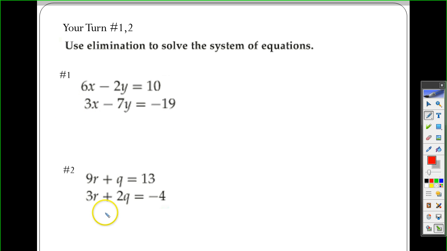Number 2, it would be easy to make the q's look alike by multiplying by 2 on the top equation. So multiply 2, multiply 2, and multiply 2. Then you'll have 2q, where you can subtract these two and eliminate. So pause the video and make sure you do your turn numbers 1 and 2, and come back when you are done.